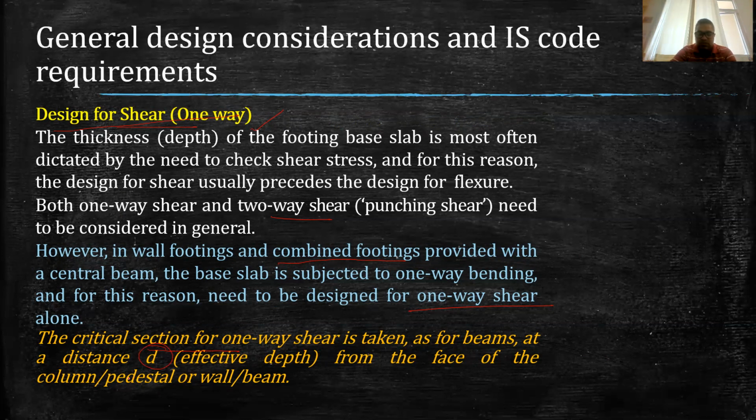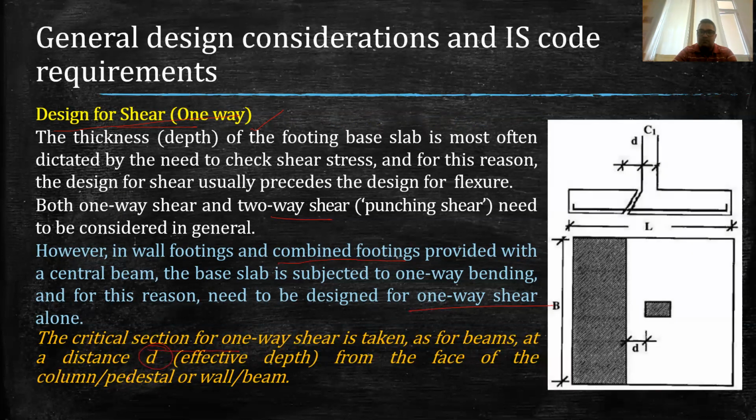Now we will try to understand this with the help of this diagram. In this case, you see this is a column which is subjected to vertical load, and against this column the soil is offering reactions like this. Where will the foundation have maximum shear force?